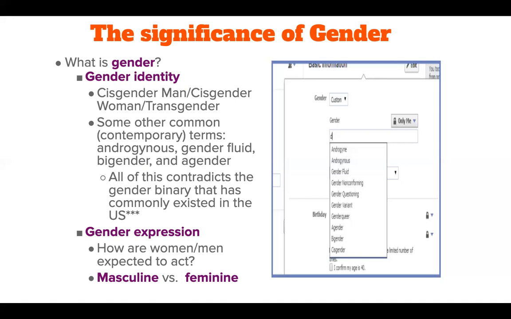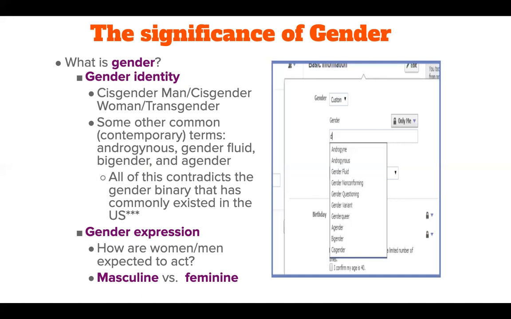But then there is a whole host of contemporary terms, some that relate to identity, some that relate to gender expression. So you have gender fluid, the idea that your expression as well as possible identity is fluid, that you can identify as a man and express yourself as more masculine in some contexts, and identify as a woman and express yourself as more feminine in other contexts.